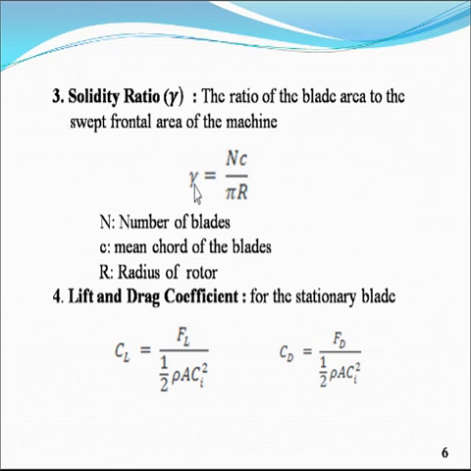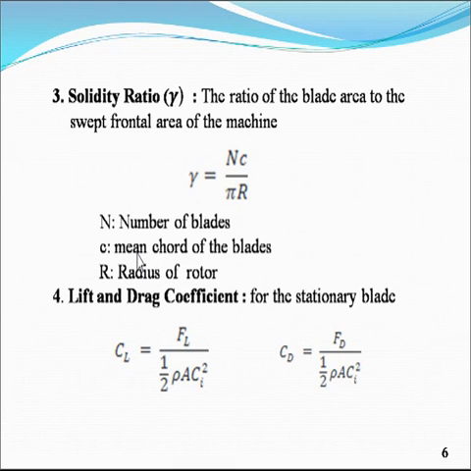It is denoted by gamma, and for a propeller machine it is the number of blades times the chord of the blade upon pi r. This gives the solidity ratio for the wind rotor, where n is the number of blades, c is the mean chord of the blade, and r is the radius of the rotor.